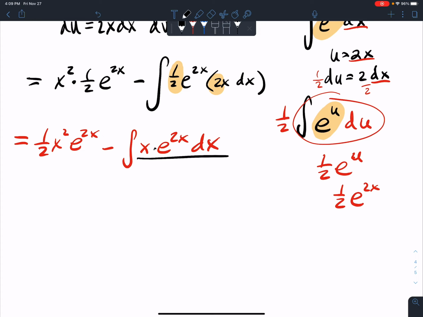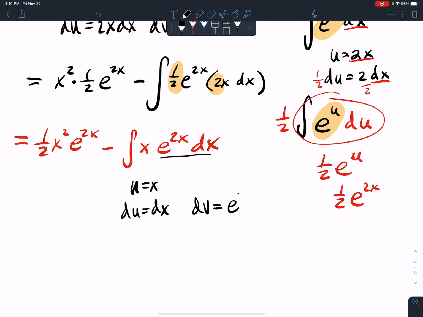And if I use the mnemonic, I pick the algebra comes before exponential, LIATE. So whenever I do this, I'm going to have u equals x, du equals dx, and then dv equals e to the 2x dx, then v is going to be 1/2 e to the 2x right there.